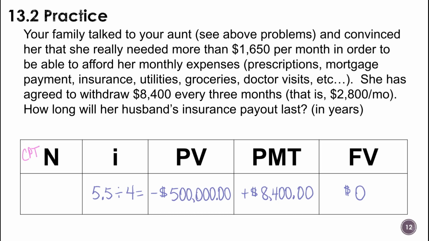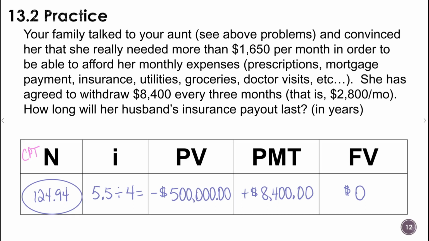How long will this money last? And the number of periods when you compute on this one ends up being 124.94.